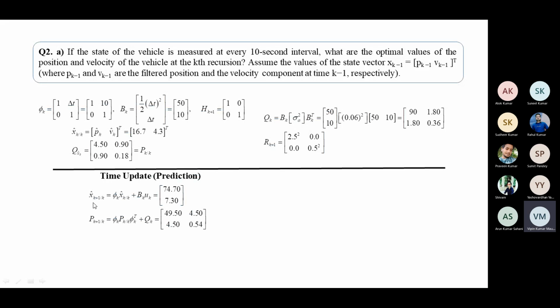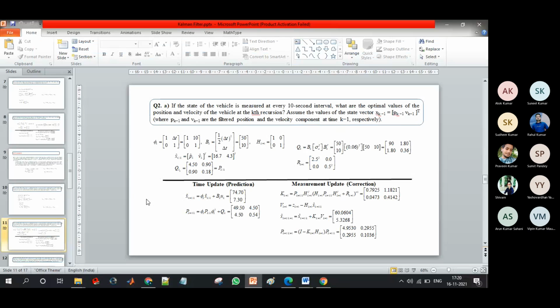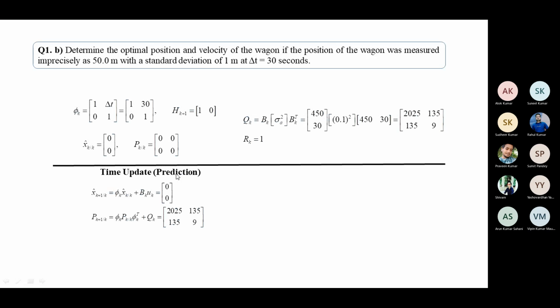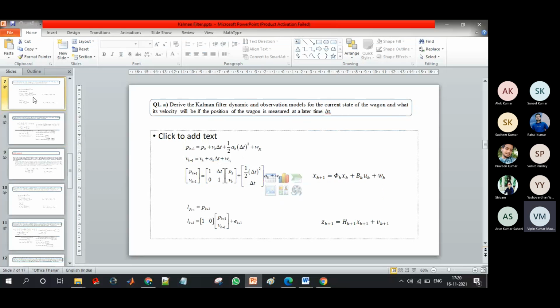One more difference you can see here. This time xk plus 1 by k equals phi k xkk plus bk uk. But last time there was no information of bk uk. Only bk was there. But why have we written 0 0 here? We know xkk was 0, so it becomes 0. But bk uk, if you look at the question, so where's the question?